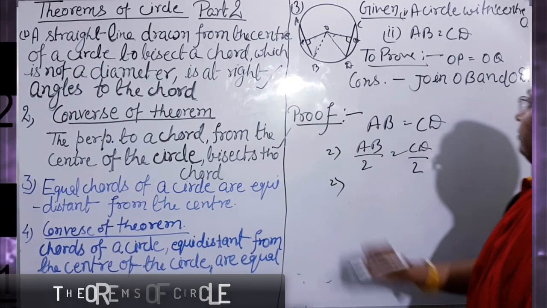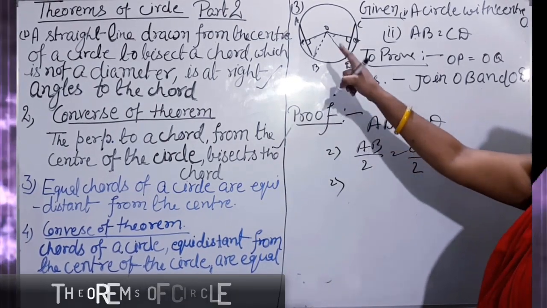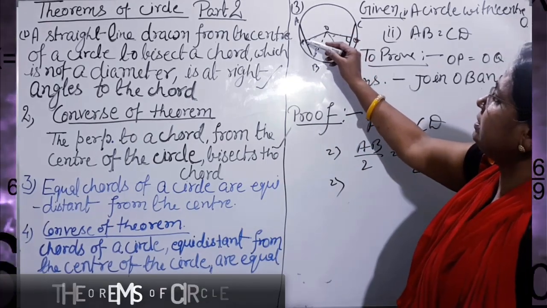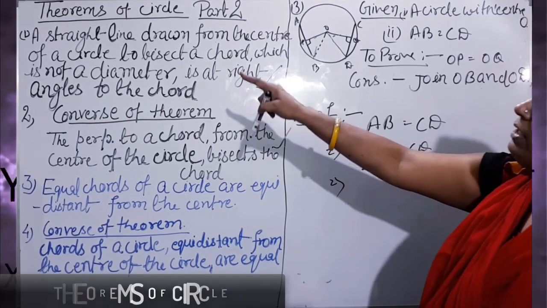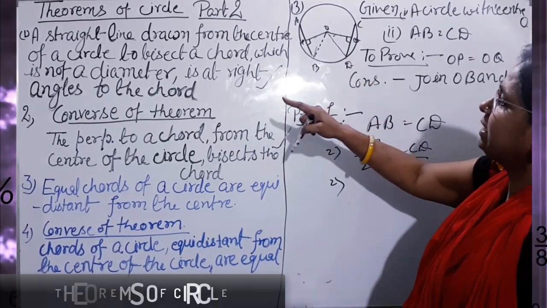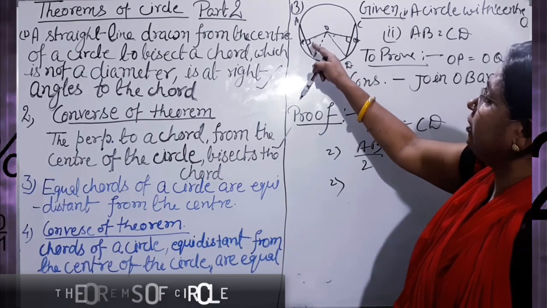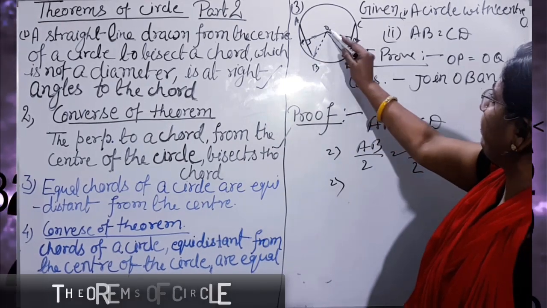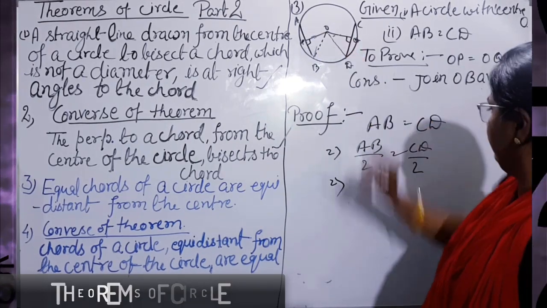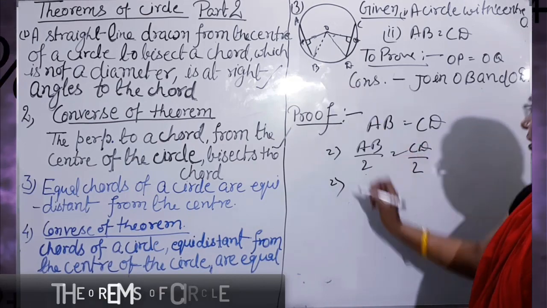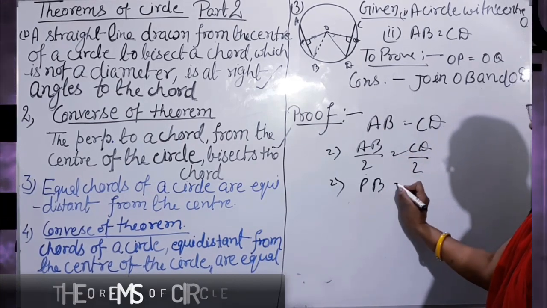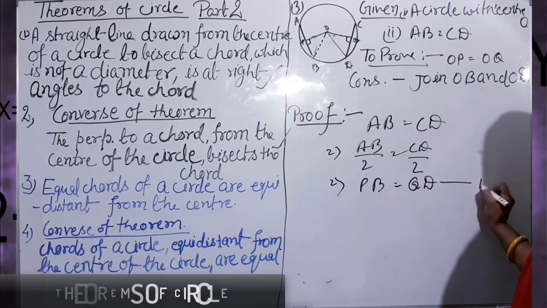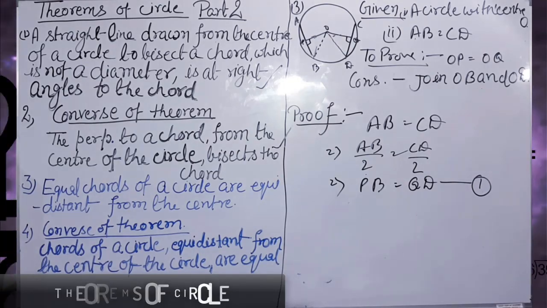Then AB by 2 is PB. From the first theorem, a straight line drawn from the center of a circle perpendicular to the chord bisects it. We have already proved that theorem. That's why the perpendicular bisects AB, so AB by 2, that is PB, is equal to CD by 2, that is QD.